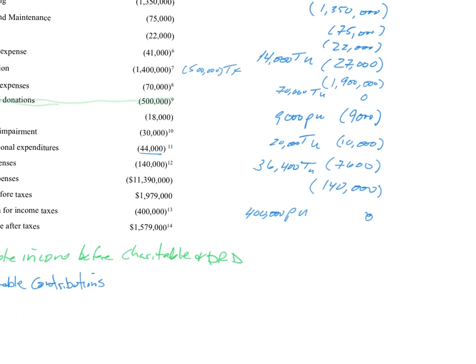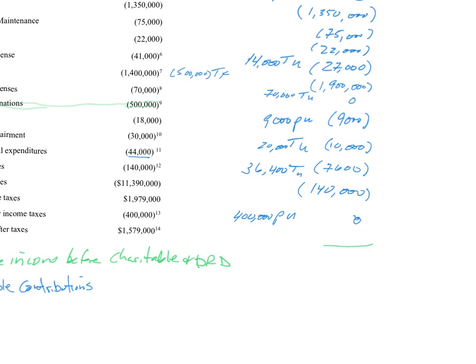Okay, and so what we're going to have to do is figure out, based on the laundry list of all of our income and deductions for tax purposes, what our taxable income is before charitable contributions and the dividends received deduction. All right, so once we add up all of our taxable income and subtract all of our deductions before our charitable contributions and our dividends received deduction, I get, hold on.